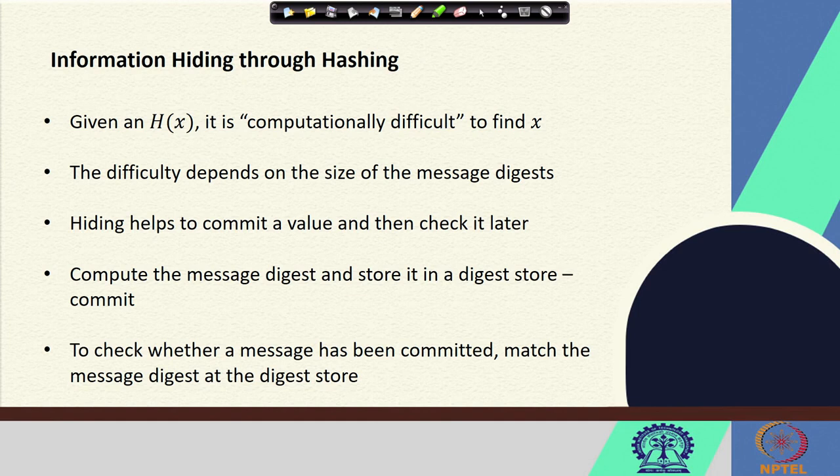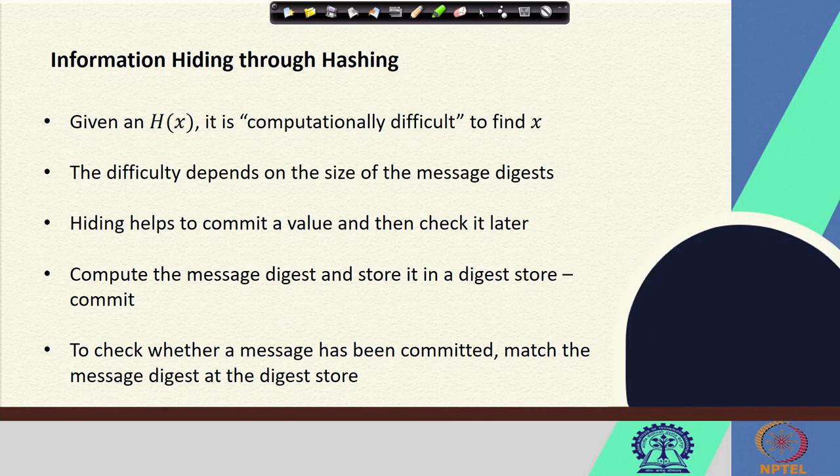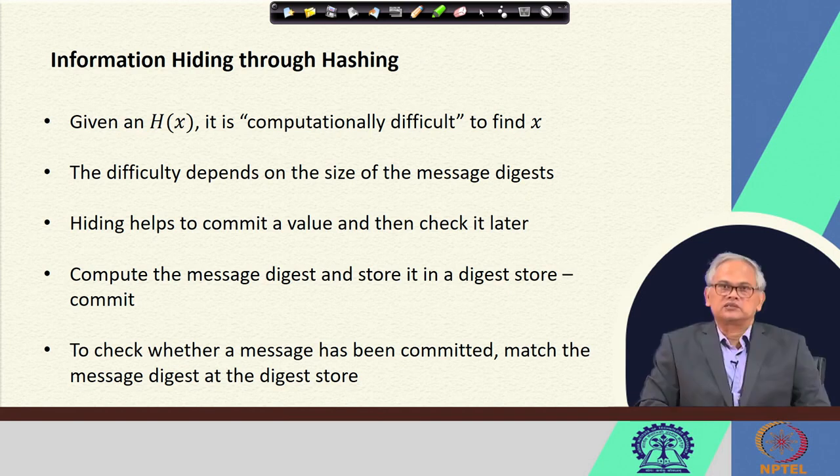Next, we talk about information hiding through hashing. Given h(x), it is computationally difficult to find x, as we said, and the difficulty depends on the size of the message digests. Hiding helps to commit a value and then check it later. Suppose there is initially a particular value x, and we create its hash and store it. Later on we want to see what was stored.